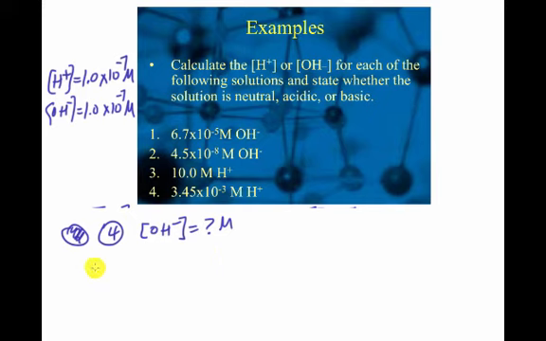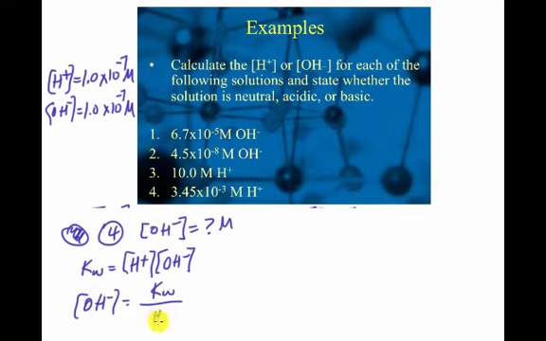I'm going to use Kw is equal to hydrogen concentration times hydroxide concentration. So my hydroxide is going to be equal to Kw over concentration of hydrogen ions. Plug in 1.0 times 10 to the minus 14 over my hydrogen concentration, which is 3.45 times 10 to the minus 3.